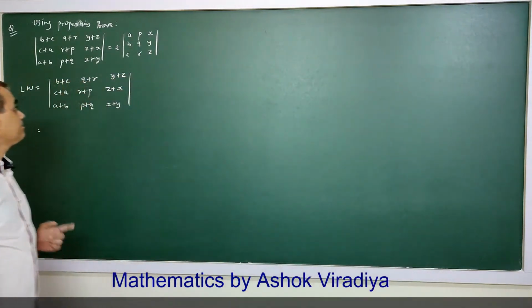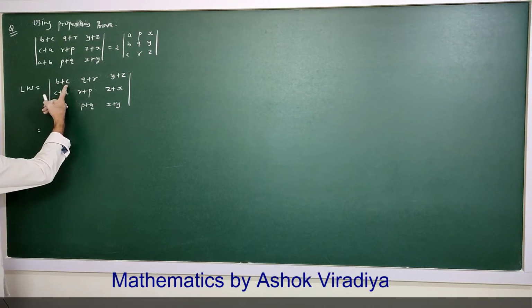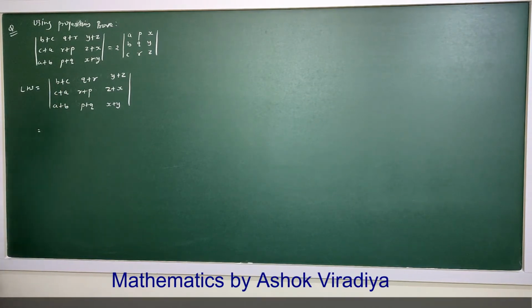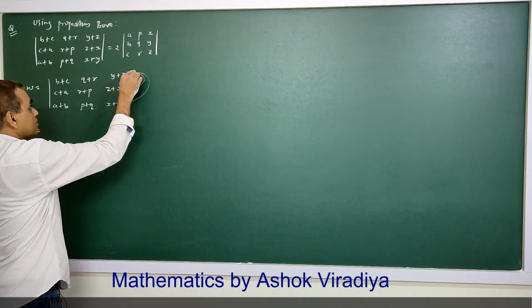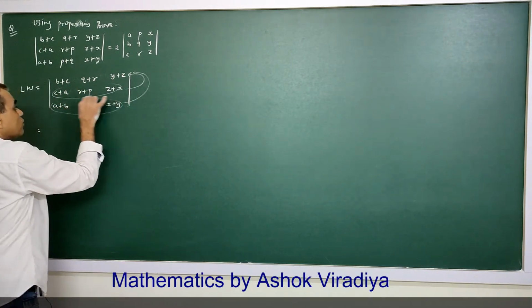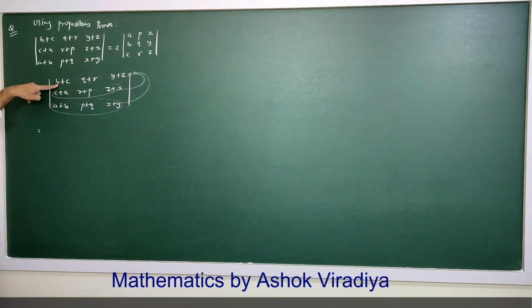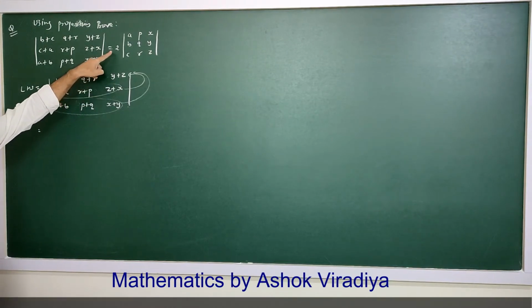So here, numbers are B, C, C, A, A, B. If we add second and third row in first row, then this will be 2 times A plus B plus C, this will be 2 times P plus Q plus R, 2 times X plus Y plus Z. Then 2 will come out.